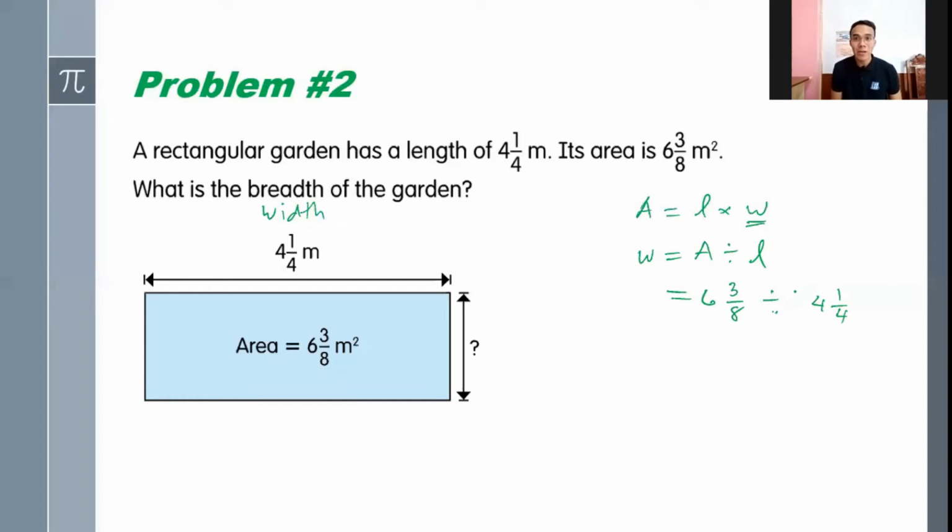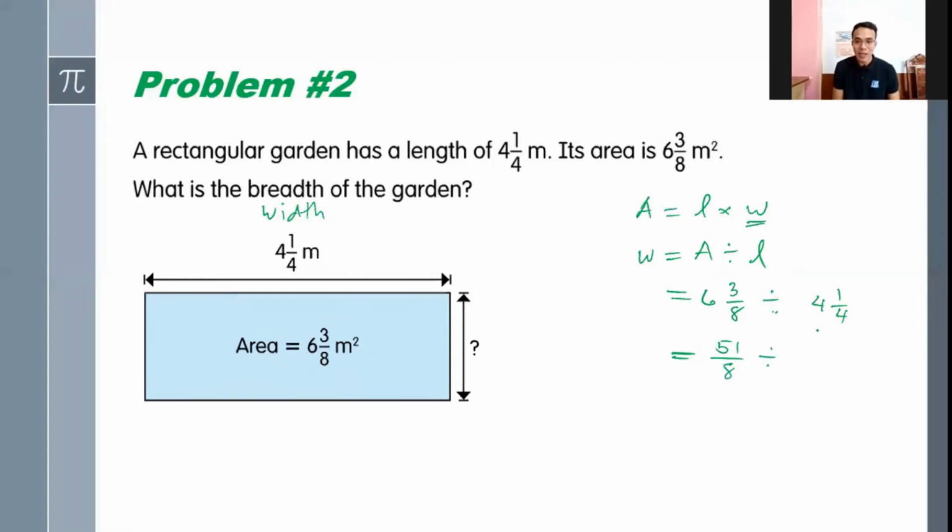When dividing mixed numbers, you have to make sure to be able to write each mixed number into its improper form. So the improper fraction for 6 3/8 is 8 times 6, 48 plus 3, 51 over 8.